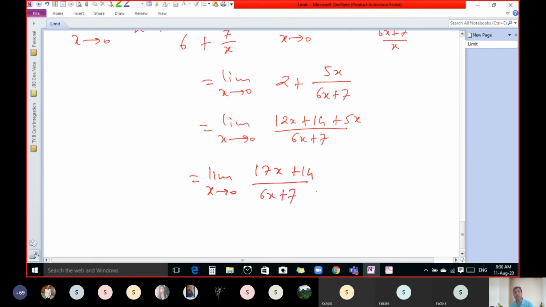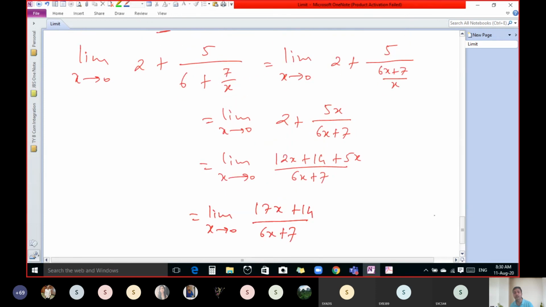So now consider this as your question instead of the earlier one, and we know how to solve it. First of all, put x equal to 0.